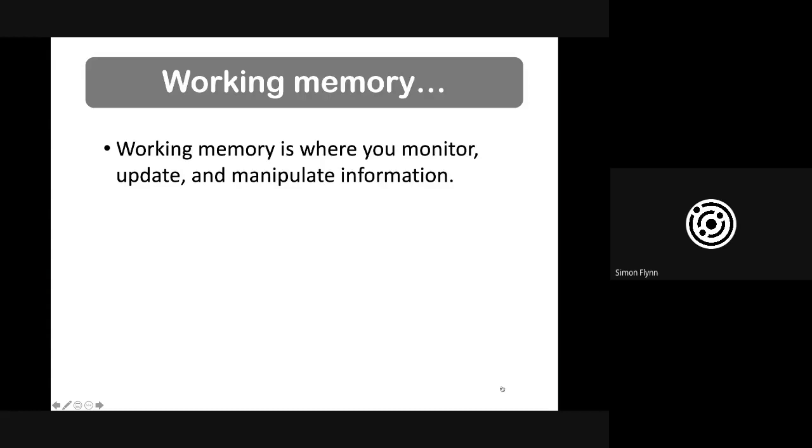But anyway, I think a useful analogy is the different kinds of memory in your computer. So you have RAM, the random access memory, and you also have a hard drive. The RAM is where, when you open an application or perform a function on your computer, it's being done.